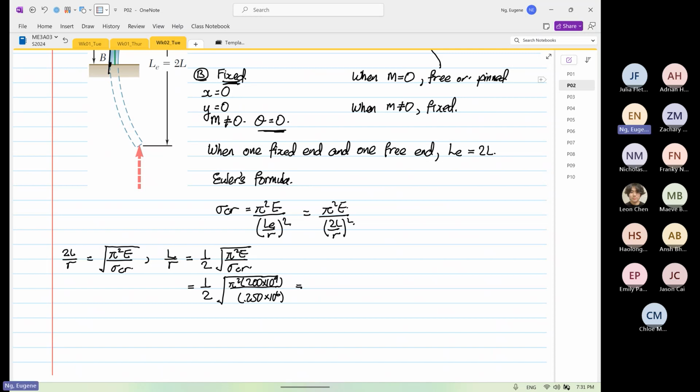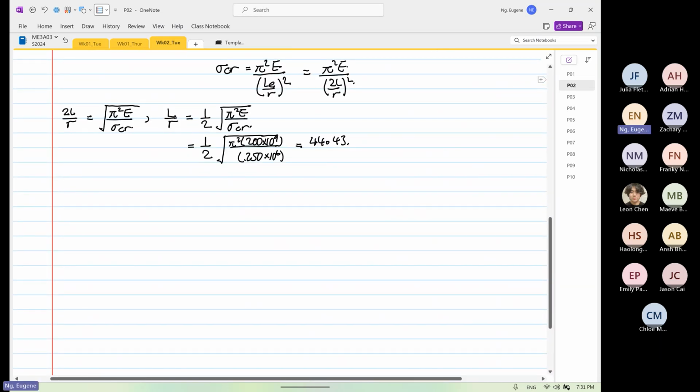So it now drops down to 44.43. So what does this 44.43 mean?